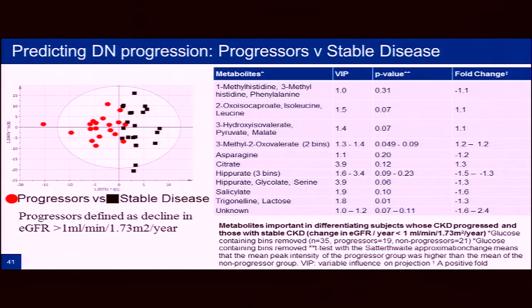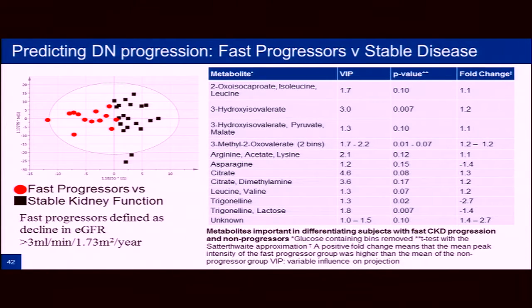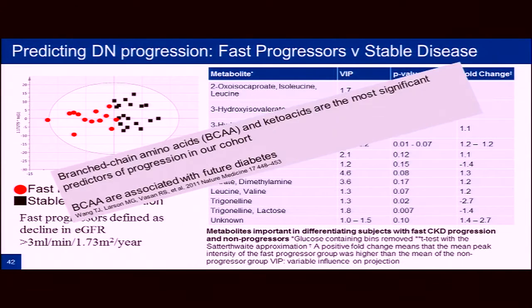I'm going to kind of skip forward through this. We were able to find two models, one looking at just progressors versus stable CKD, and another looking at fast progressors versus CKD, and again found a particularly informative model.